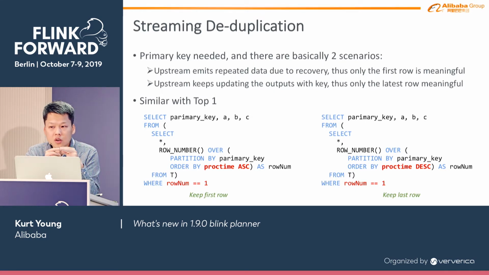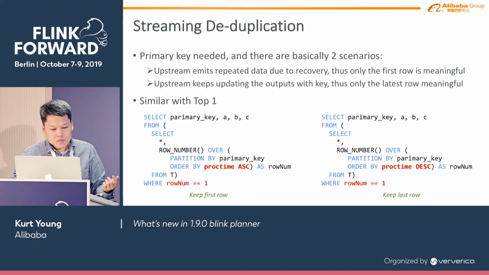Another one is that your upstream keeps refining the results with the key, like it keeps updating the results with the key. So in this case, only the last row matters to you. All previous result messages are useless after you see a new record. So it's quite interesting. We can write the SQL in this way. It's very similar to top n, and we call it top 1.